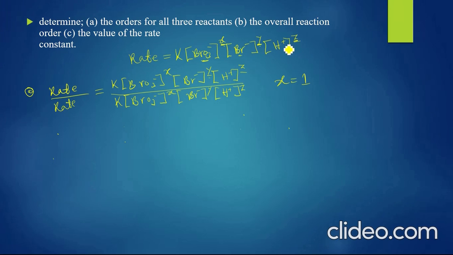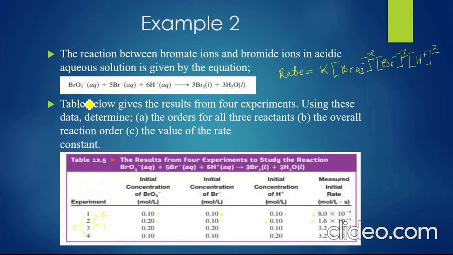with respect to hydrogen ion. Since we used experiments 1 and 2 to determine the order x, we're going to use experiments 3 and 2 to determine y. So here we're going to use the information given in the data table.